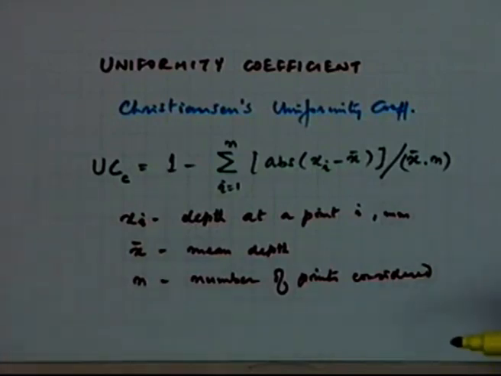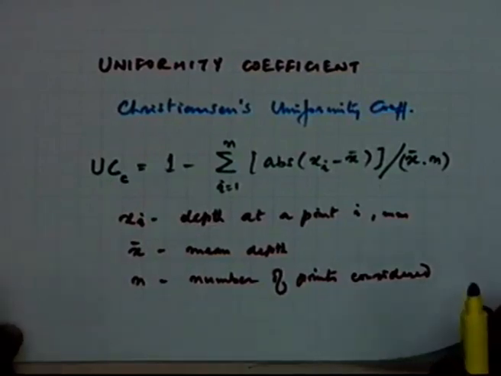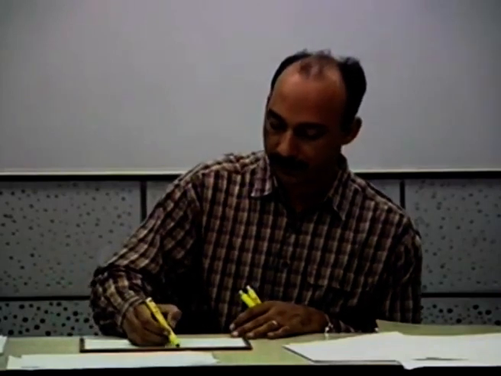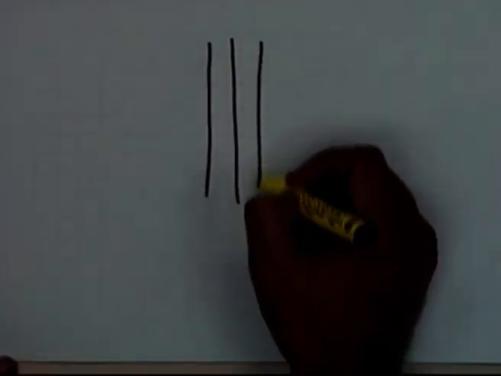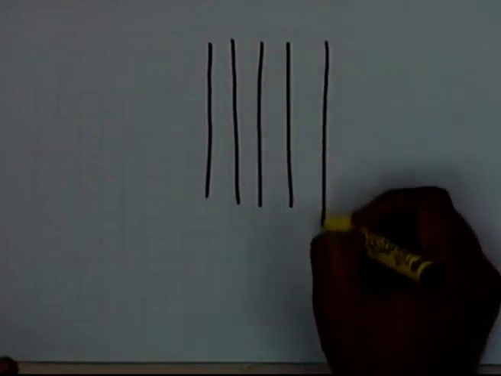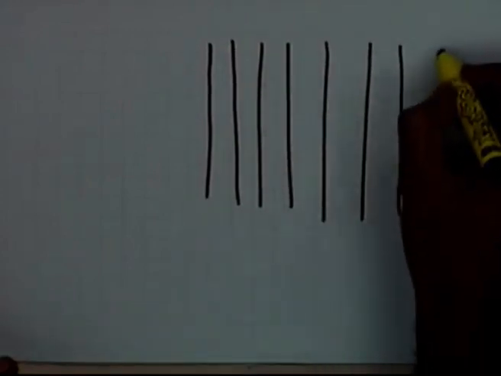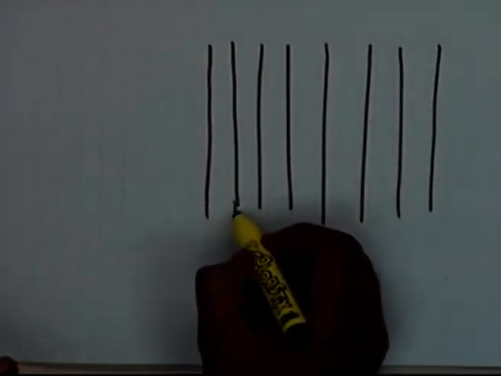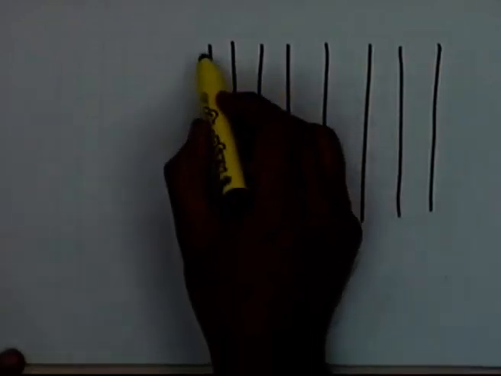Now these uniformity coefficients are observed in the field through experimentation, and there's a very simple experiment where you create a grid.